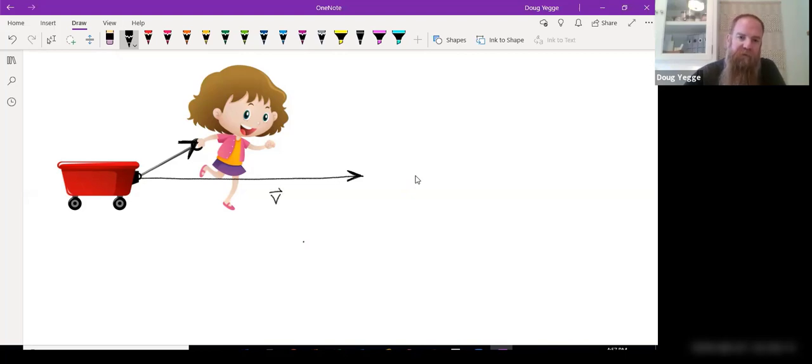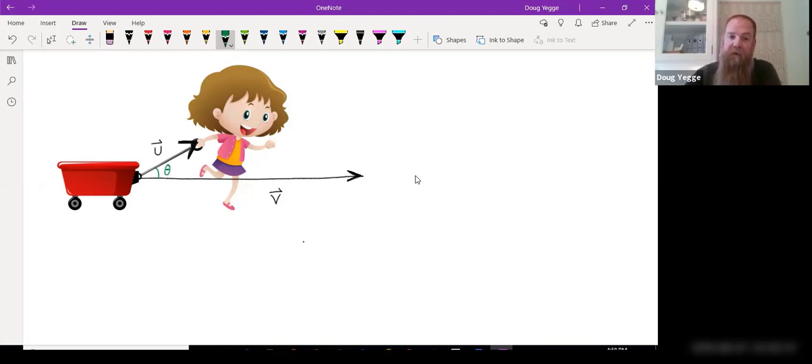Now let's call the vector that she's pulling up at vector u. Now we should notice that there is a particular angle in between these two. And so how much of the force that she is enacting on this wagon is actually being used to pull in the direction of motion?